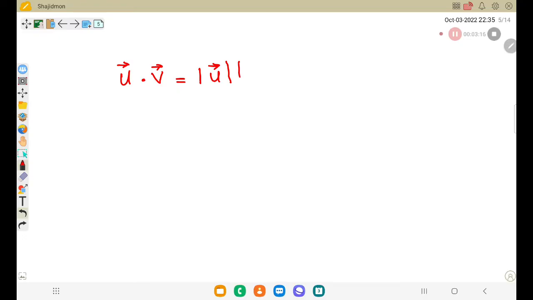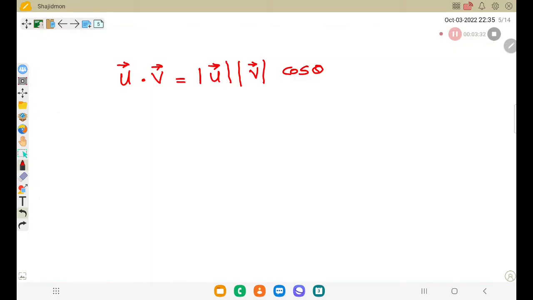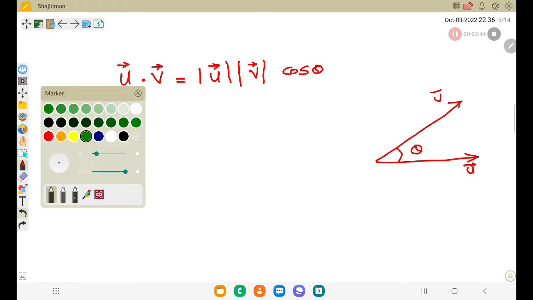Okay, multiply absolute value of vector v, that means the length of the vector v, multiply cosine of the angle between the vectors u and v. You can see this picture, we have one vector u here and another vector v, and the angle between these two vectors is theta, that is multiply cos theta. So this is u dot v.